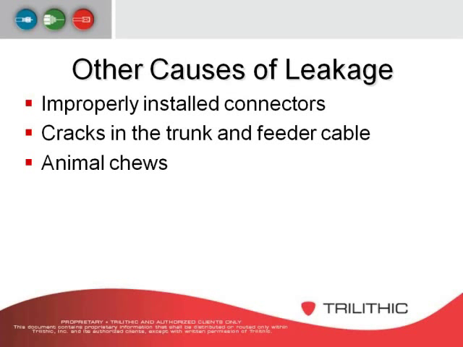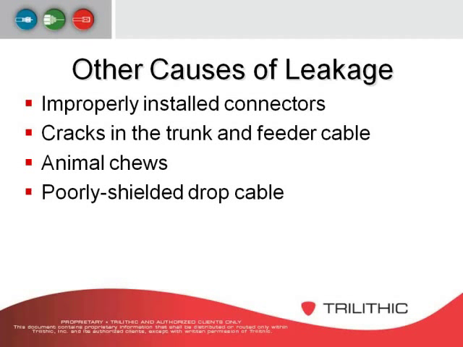Animal chews, whether it's squirrel chews or what have you, you see that a lot of times out on your utility poles, where squirrels will chew right on the coax. They love the coax. Poorly shielded drop cable.